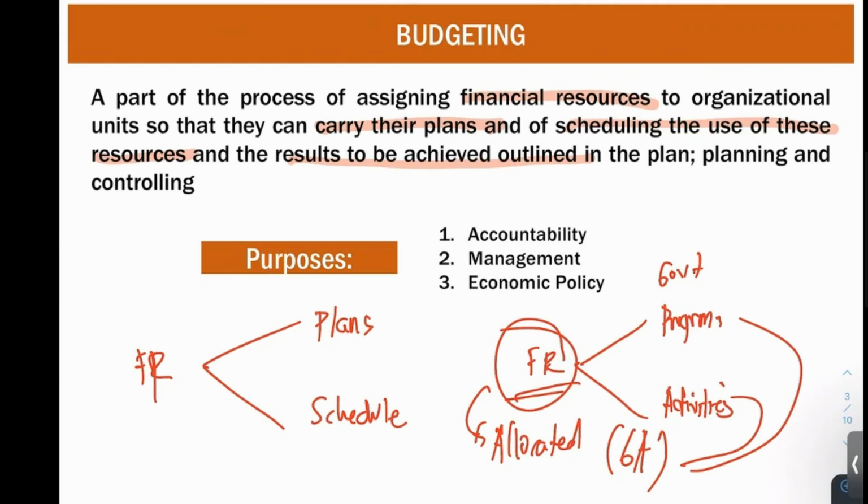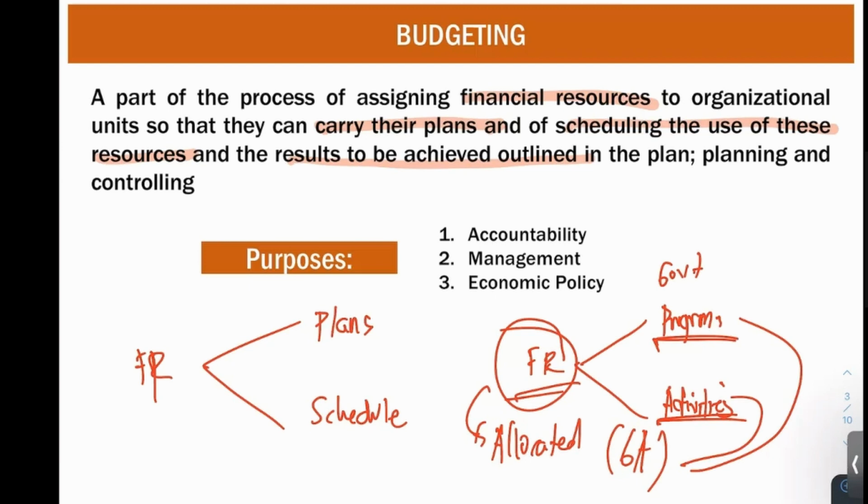So it is a tool for accountability because we look into the budget and we look whether those in charge of governance really made use of the budget towards its purpose, meaning towards these programs or activities. For example, we have allocated to the Bureau of Internal Revenue a certain budget for the program of collection of more taxes or collection of previous years' taxes that are not yet paid by certain taxpayers or by taxpayers as a whole.